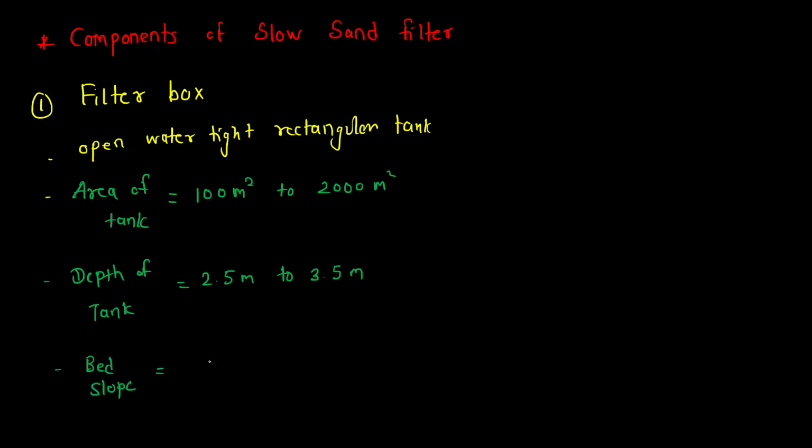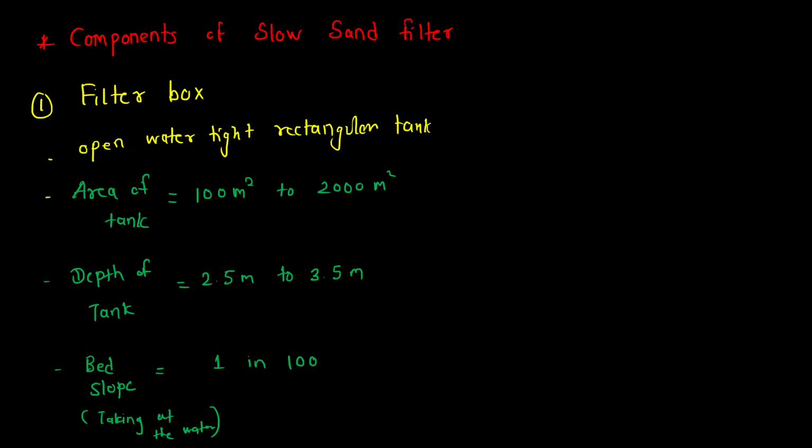The bed slope is 1 in 100. For what purpose is this bed slope given? This bed slope is given for taking out the water. Okay, so this is about the filter box.